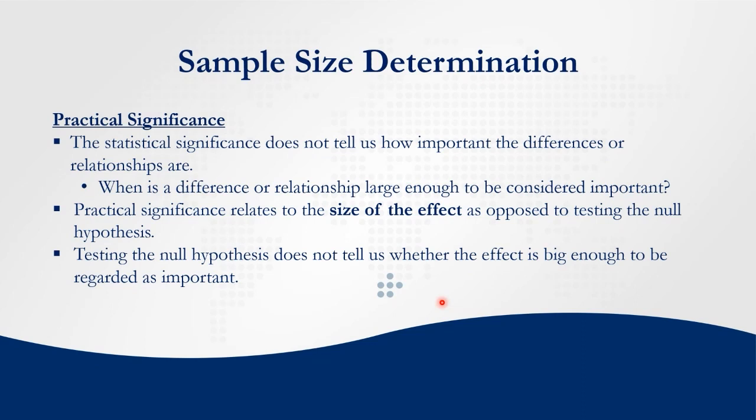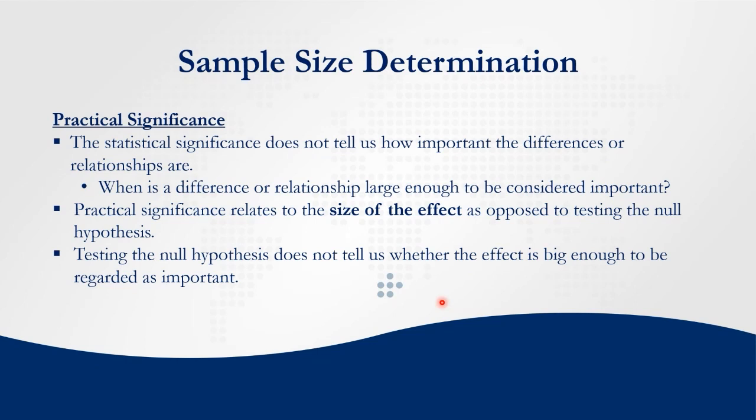So practical significance is about the size of the effect. When we say that the treatment has a significant effect, what is the size? Is this effect small or is it big? And as I say, practically, does it really add value?